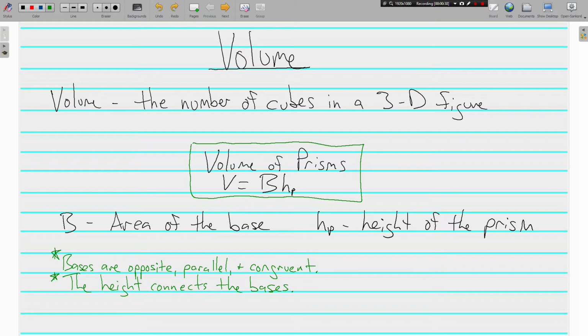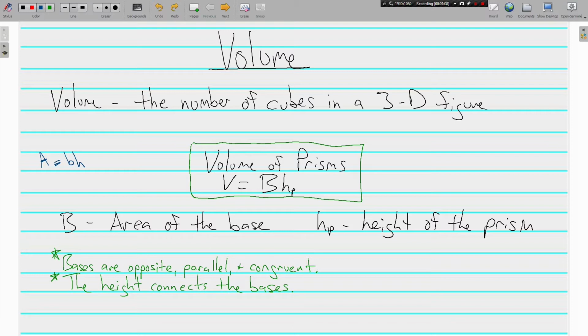And our formula for the volume of prisms: V is equal to B, capital B, times HP. Capital B stands for the area of the base. When we did area of parallelograms, we used a lowercase b times h for base times height, and that found an area for us.